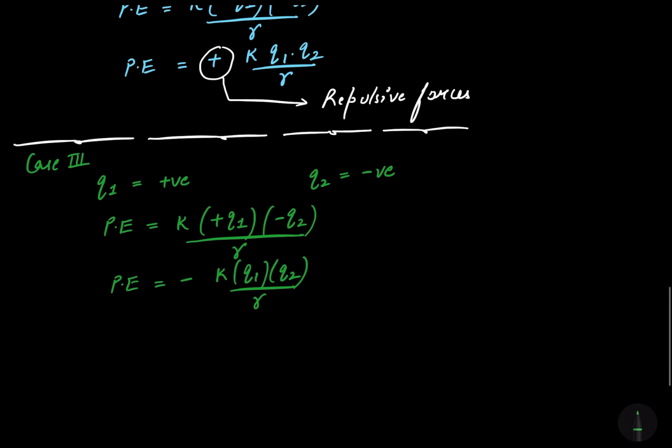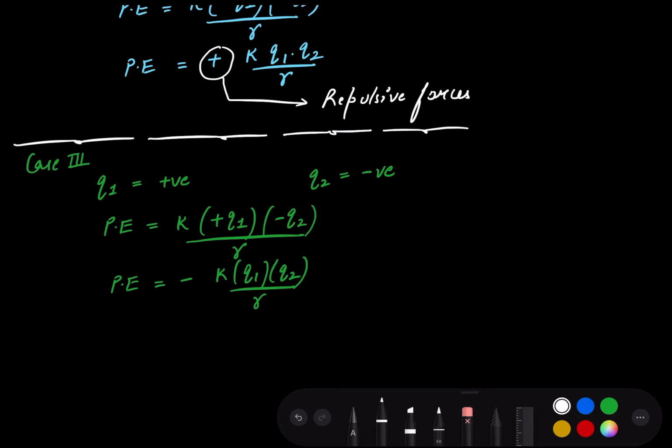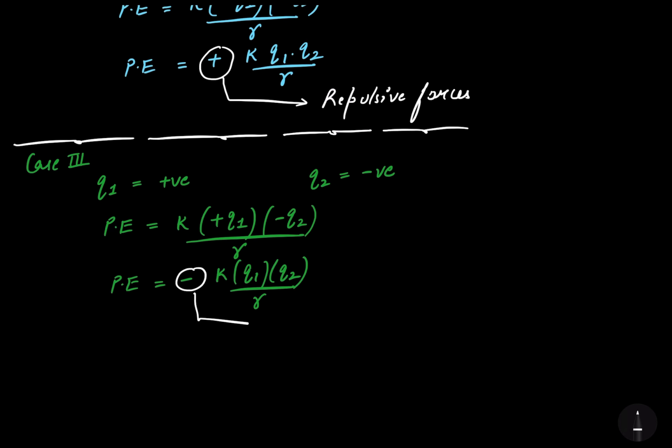Now here you can observe that we got the potential energy to be negative. Whenever we get the negative value of potential energy, it signifies attractive forces. So that was my case number 3, when my charges were different. That means the charges were unlike. The Q1 is positive and Q2 is negative. So opposite charges or unlike charges attract each other. Potential energy comes out to be negative for the attractive forces.